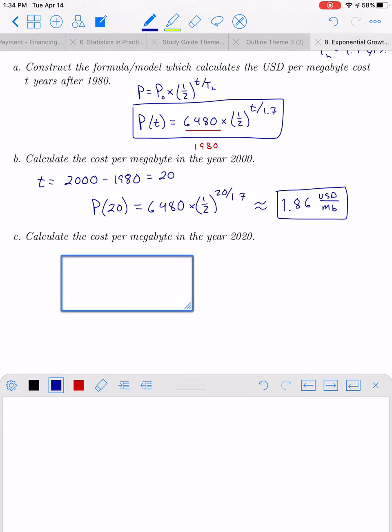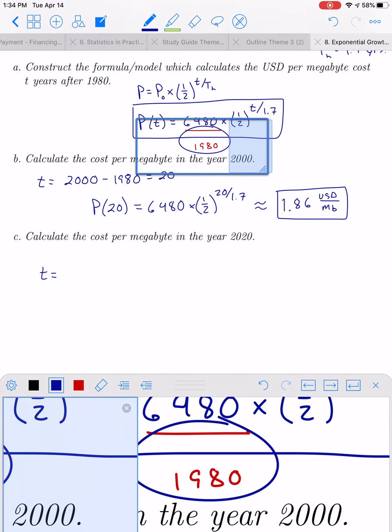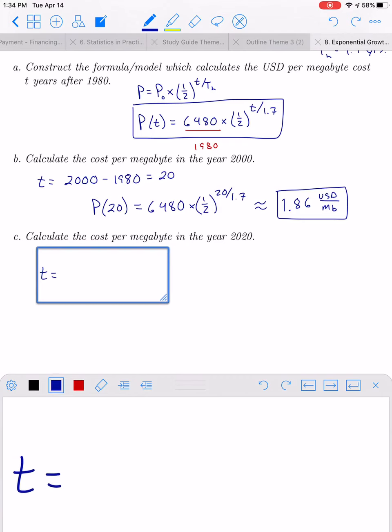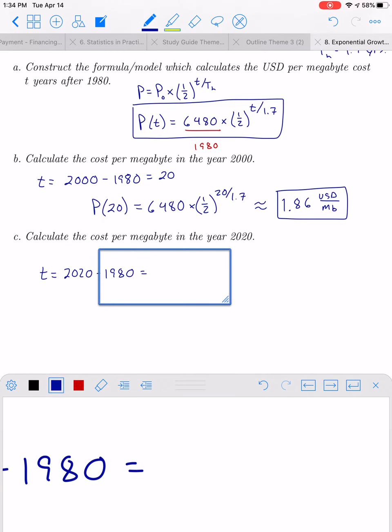Anyway, part C: calculate the cost per megabyte in the year 2020. So that's even further. Again, we need to find the number of years elapsed since 1980, since that's the value that we used as the start of our model. Time since 1980 is 2020 minus 1980, and we get 40 years.